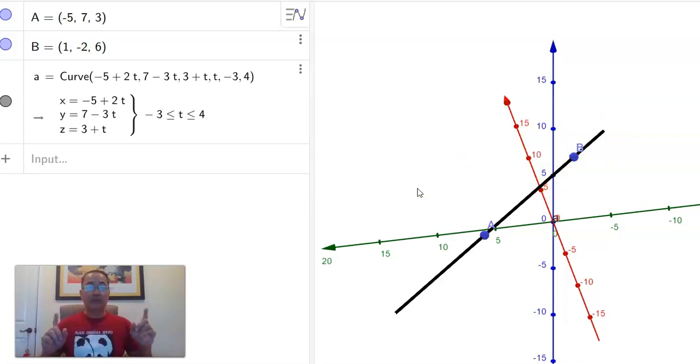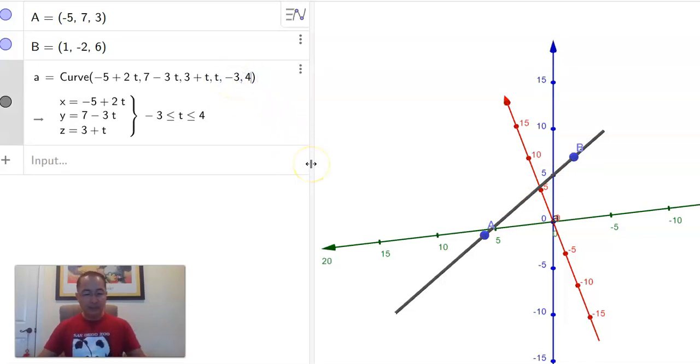One of the things we're going to need is, what if you want only the line segment from point A to point B? How are we going to make it start at A and finish at B? One way is to play with these parameters, of course.